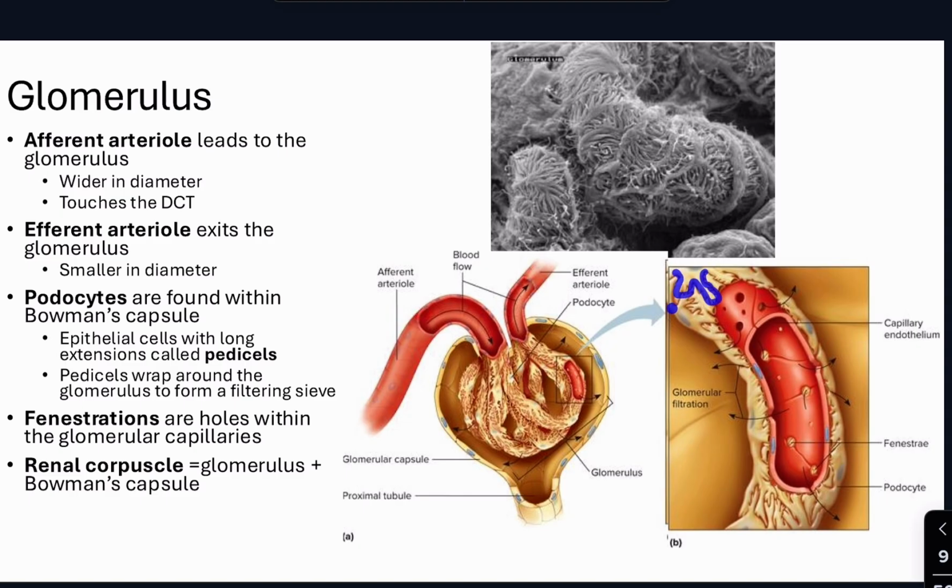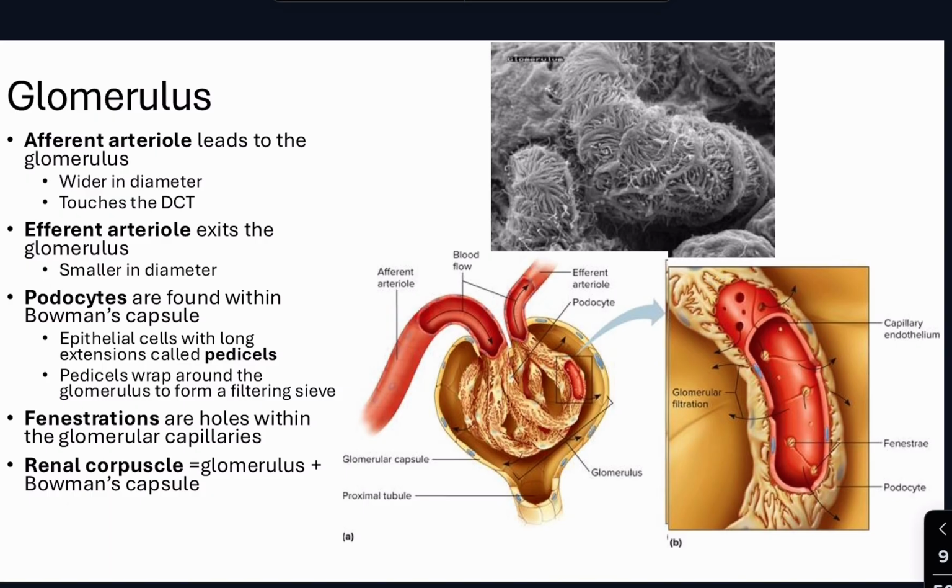And they have these little long extensions called pedicels, right? They're like foot-like processes, kind of, and they interconnect with each other. They're like fingers, like when you put your hands together like you're praying, for example, and they kind of form that junction of all these pedicels connecting with one another.